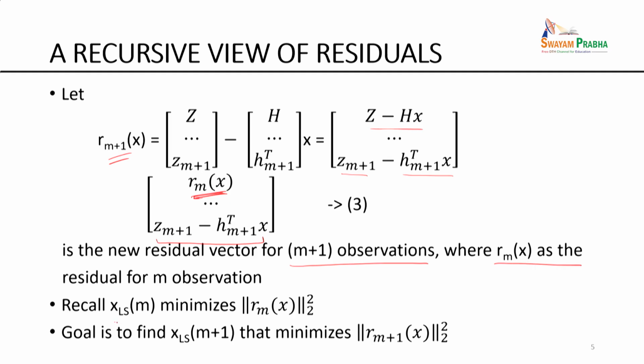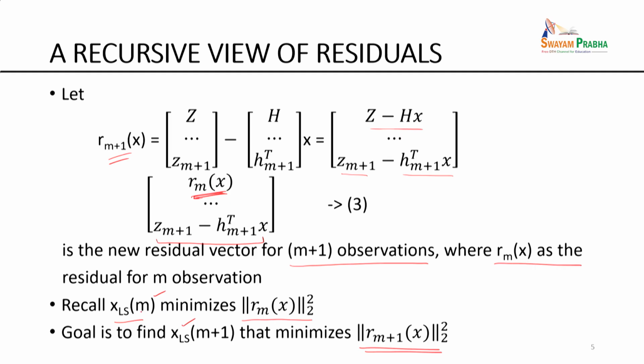Recall, XLS of m minimizes R_m of x, conditioning on m number of observations. Now, knowing XLS of m, I would like to be able to find XLS of m plus 1 that minimizes the norm of R_{m+1} of x squared.